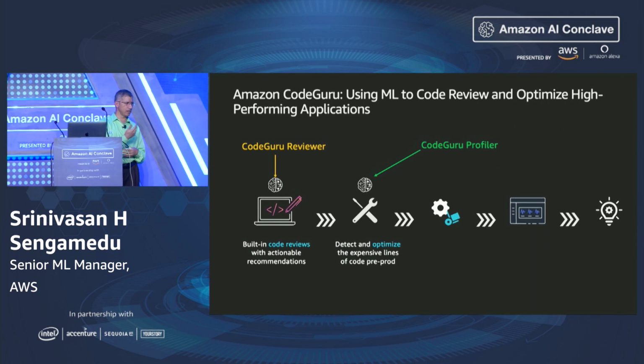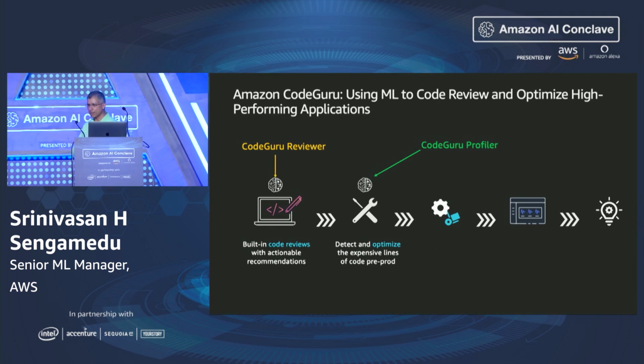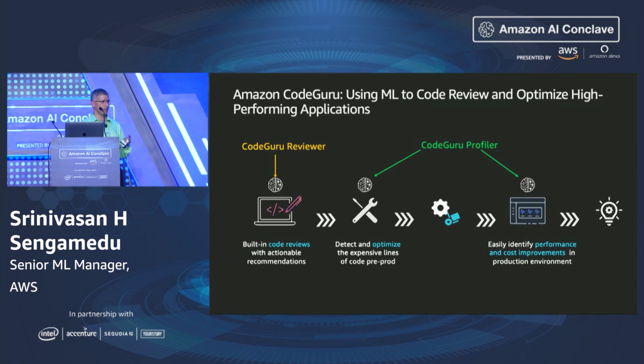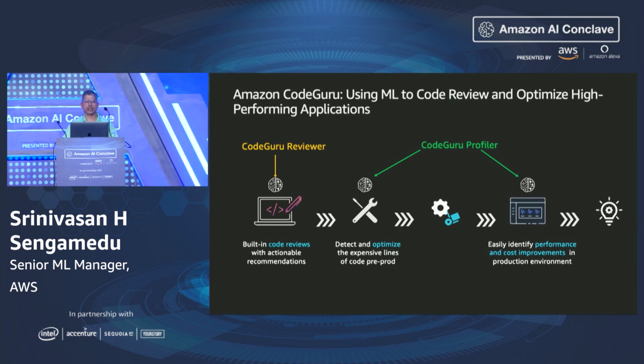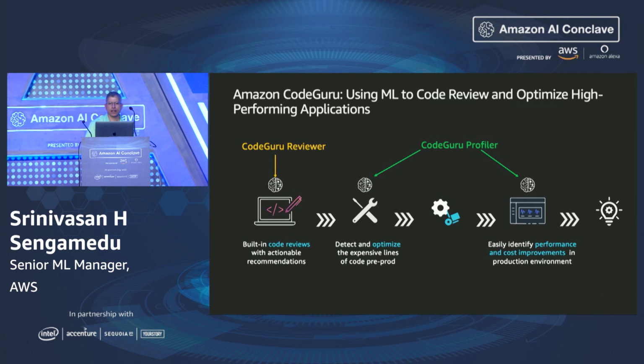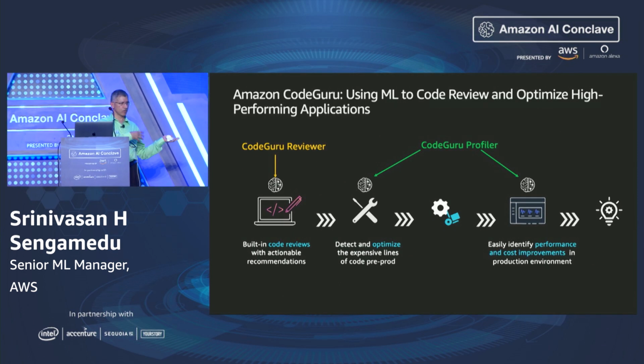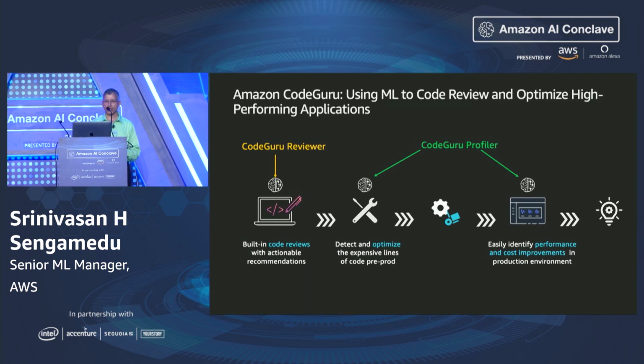So before some of these inefficiencies creep into production, you can detect them and optimize them. And it's actually very interesting to know that you can use the CodeGuru profiler even in production. It has very low overhead, and you don't have to hesitate before using it in production. And it helps you identify performance and cost improvements in the production environment. So you can use it both in pre-prod and in the production environment.